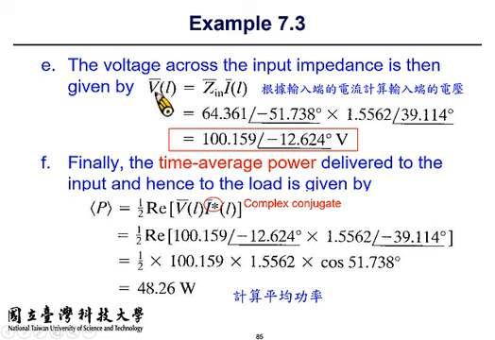With the knowledge about the voltage and current at the input end, you can find the time-average power in the transmission line system, using the formula: half of the real part of the voltage times the complex conjugate of the current. Note that this requires the complex conjugate. Because this is a sinusoidal signal, the average has a factor of 1/2 in front. Since the voltage and current are both complex numbers, you take the voltage times the complex conjugate of the current and take the real part. Please review this at home.